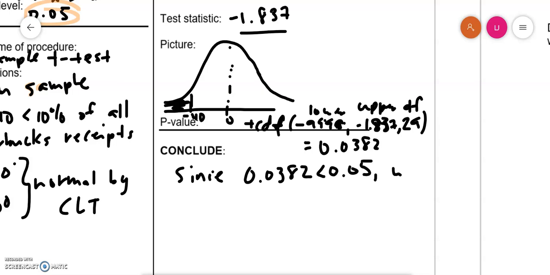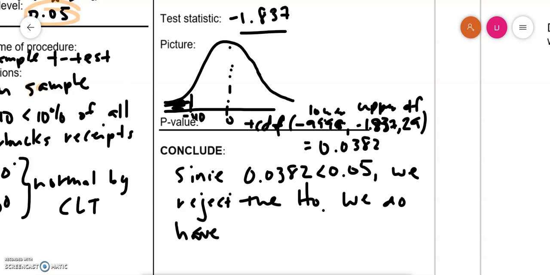What do we do? We reject the H0. We do have convincing evidence.